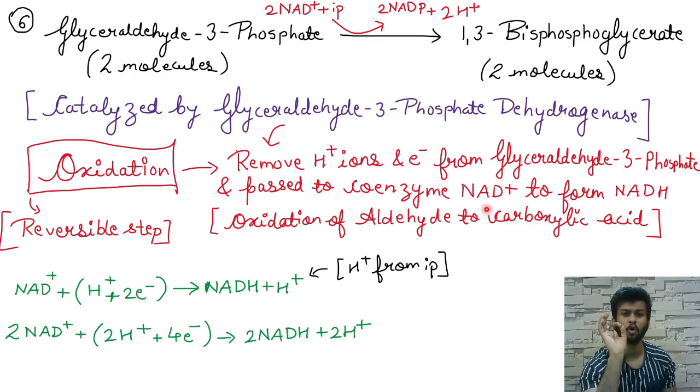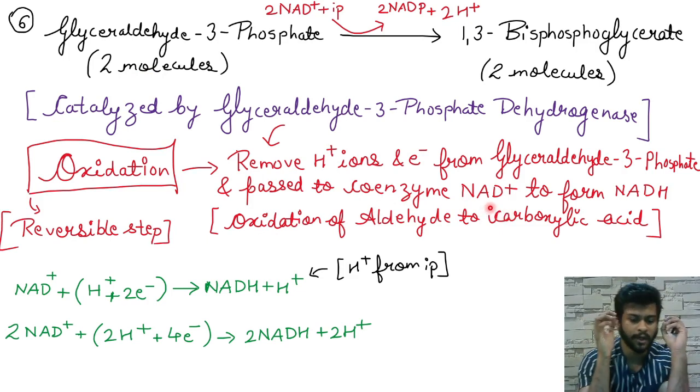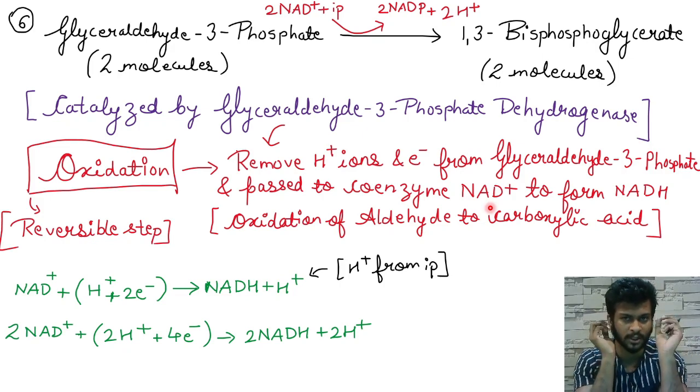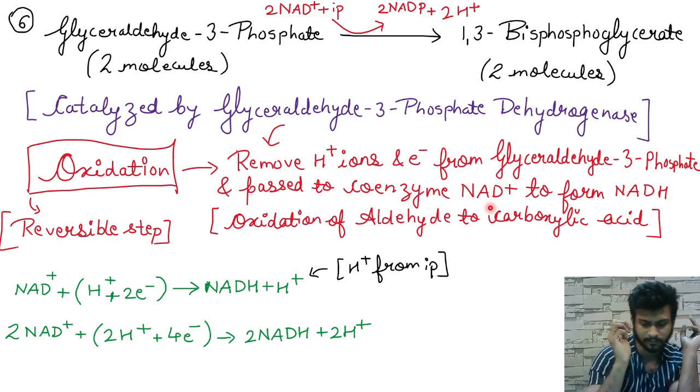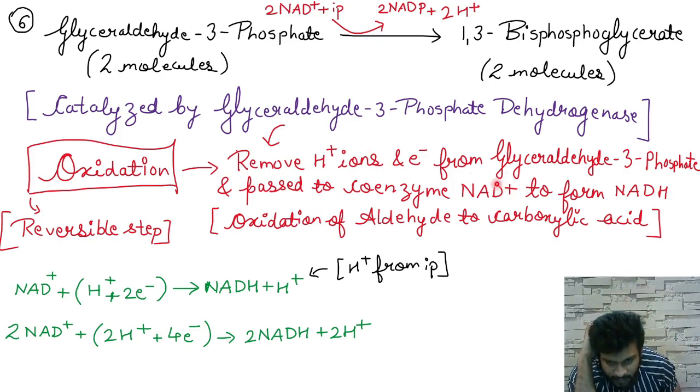NAD+ is in oxidized form. You need to understand two terms. Oxidation means removal of hydrogen ions and electrons. Acceptance of hydrogen ions and electron is known as reduction. So if this is positive, you can logically answer that there will be loss of electron in it, which means it is oxidized.